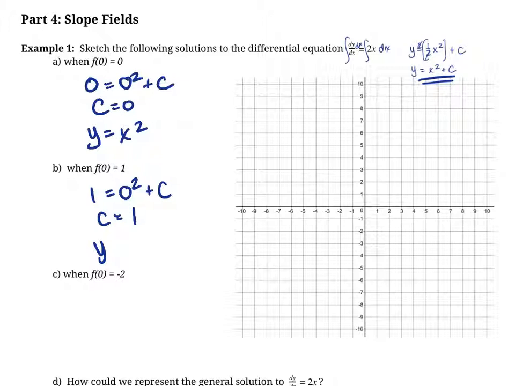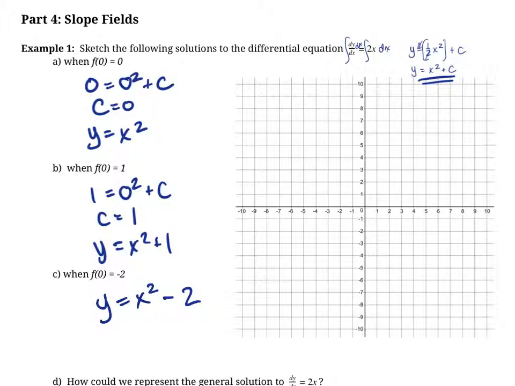So that's y equals x squared plus 1. And then lastly, if we plug in -2, you can see where this is going. It's essentially just shifting it down. So the solution to the differential equation is going to be y equals x squared minus 2, right?